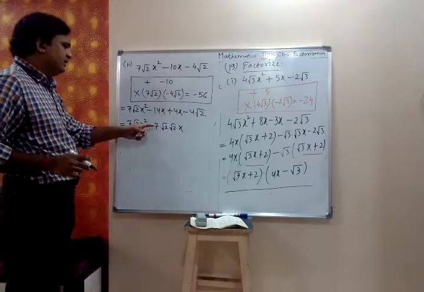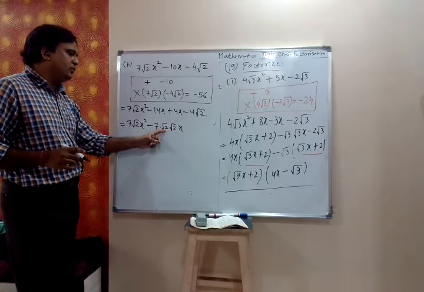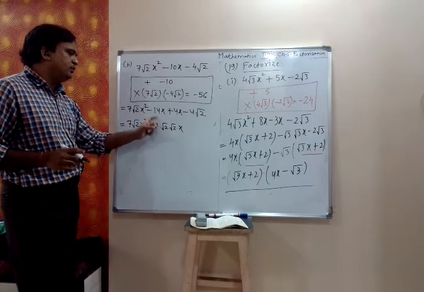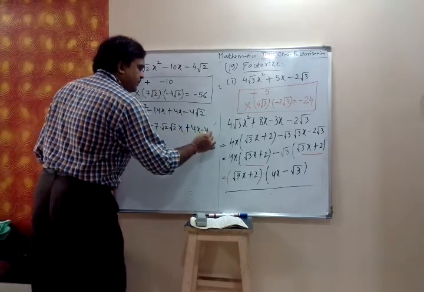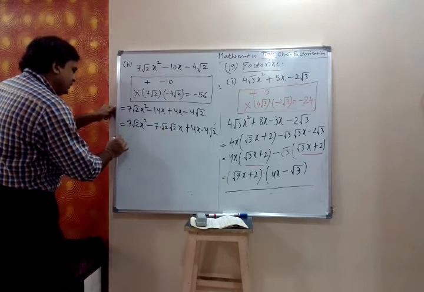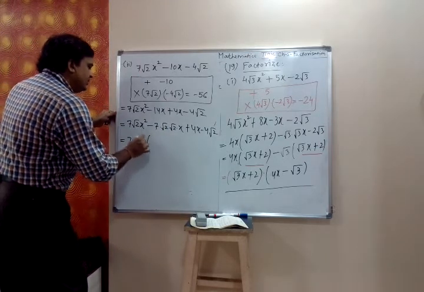Root 2 into root 2 is 2, 7 into 2 is 14. Plus 4x minus 4. Now what is common? 7 root 2 x is common. So what is left?